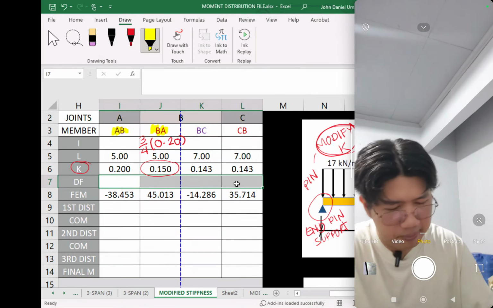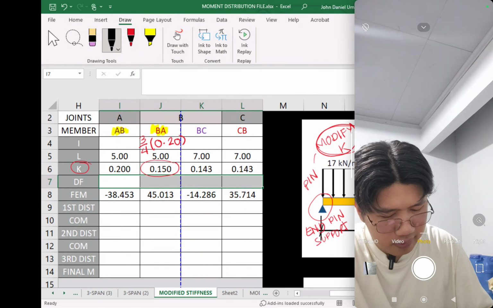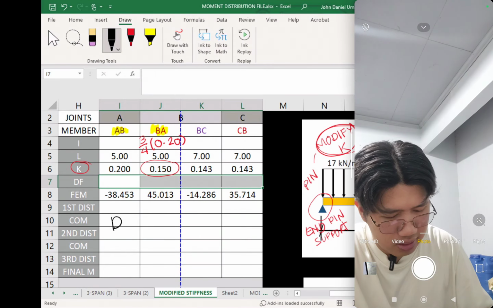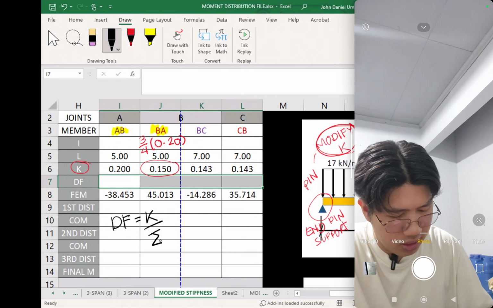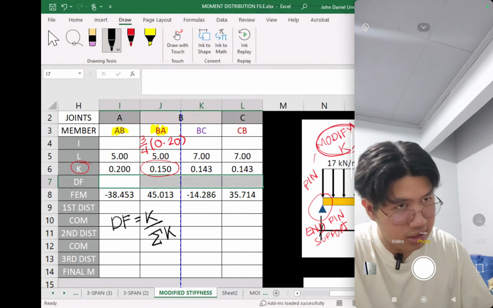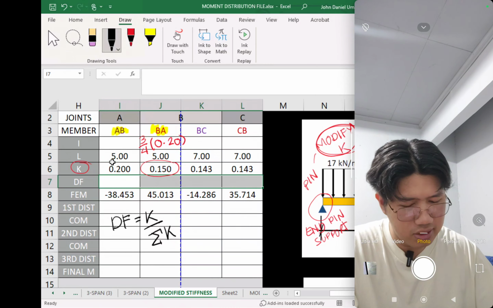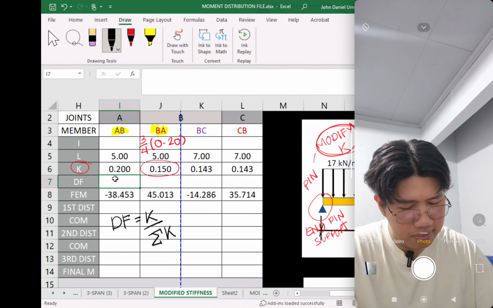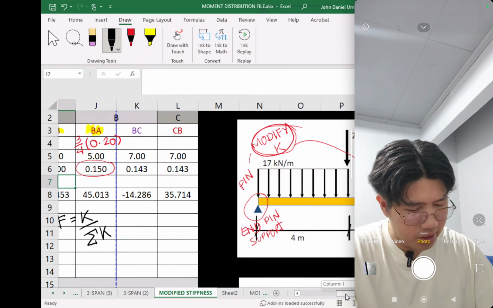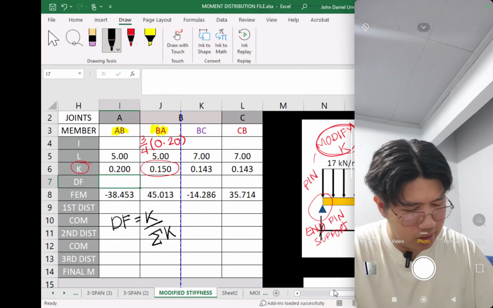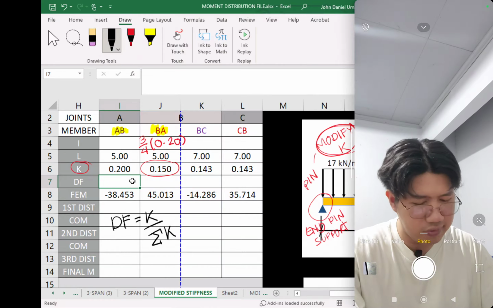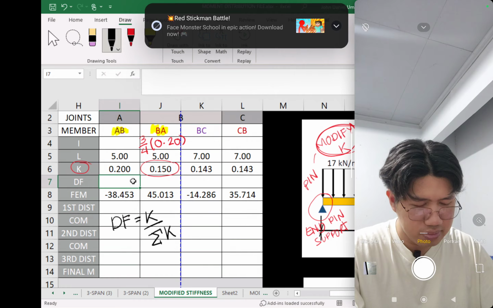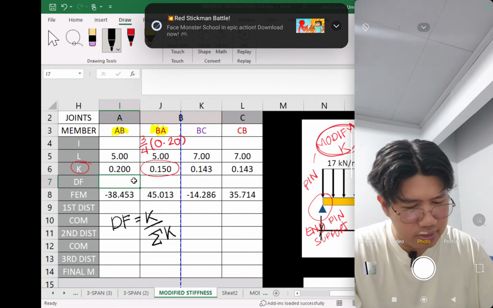Okay, so again, review natin. Dito ko na lang sulat yung notes ko. DF is K over summation K. Summation K is the joint stiffness. K is the member stiffness. So, ito yung mga member stiffness natin. Acting at joint A, meron tayong member AB and a pin support. And we know that a pin support has a stiffness of 0. Okay?